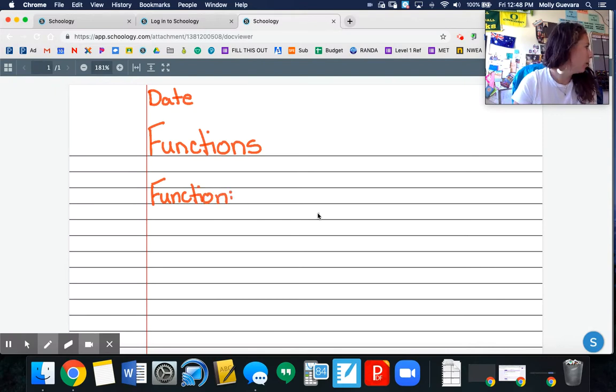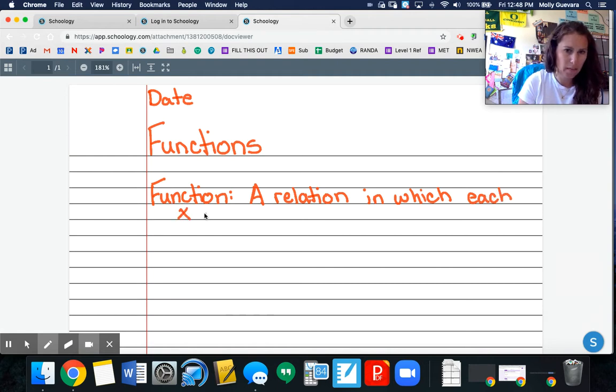Okay, what is a function? So a function is a relation. So this just means like a relationship between numbers, okay? So a relation in which each x value, so each x value or each input, right?